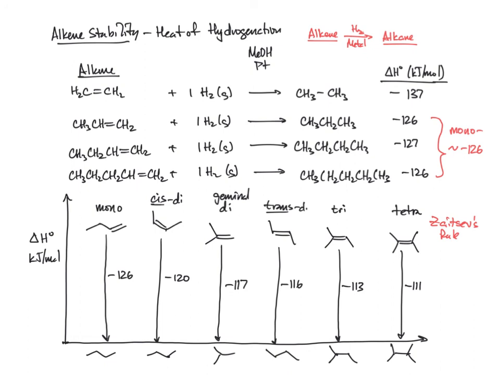We've now looked at alkene stability as related to heat of hydrogenation, which is the first addition reaction of alkenes, adding H2 across the pi bond. And that helps us understand Zaitsev's rule, which states that the more substituted the alkene, the more stabilized it is. So we're going to use this information in further screencasts and lectures to look at different electrophiles adding to the pi bond of an alkene to make different functional groups.